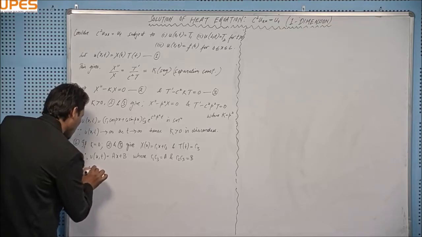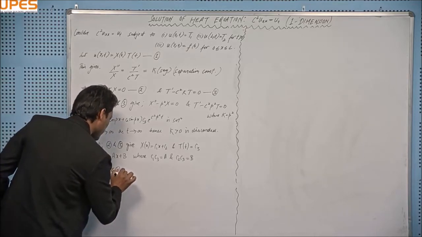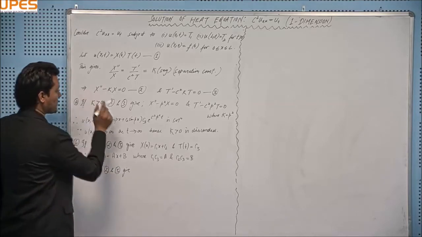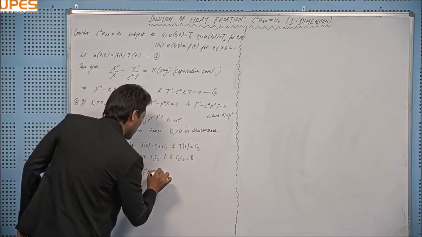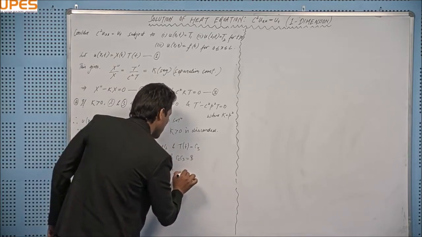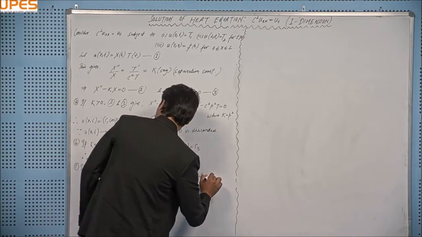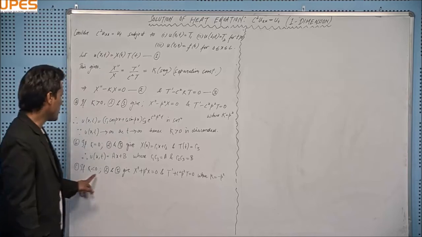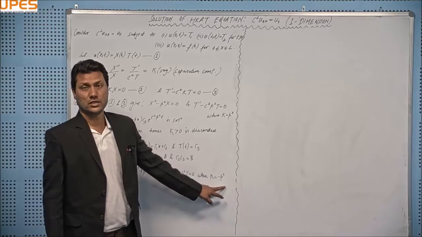If k less than 0, then my second and third equations will give x double dash plus p square x equal to 0, and the third equation will become T dash plus c square p square T equal to 0, where I have assumed k is equal to minus p square. Because we are taking k as a negative quantity, k should be equal to negative of p square. P is any non-zero real number.